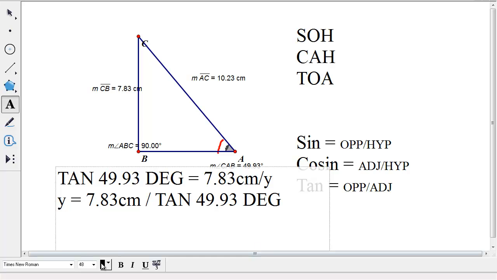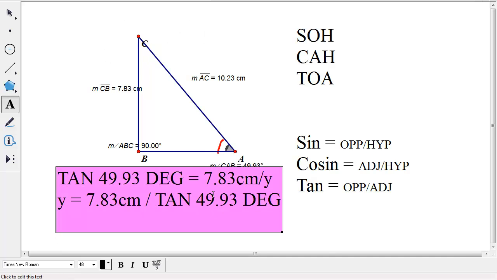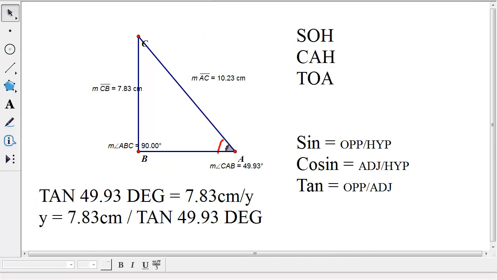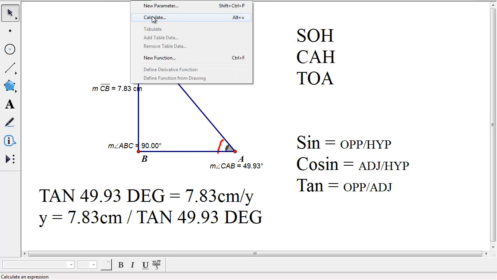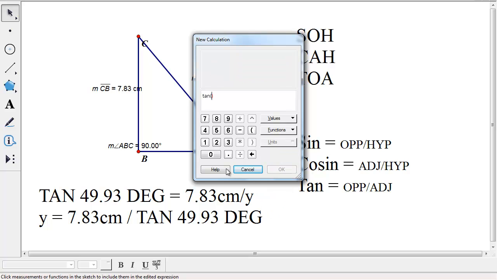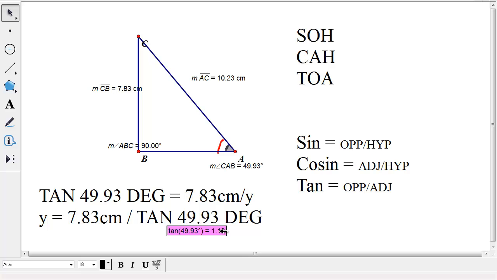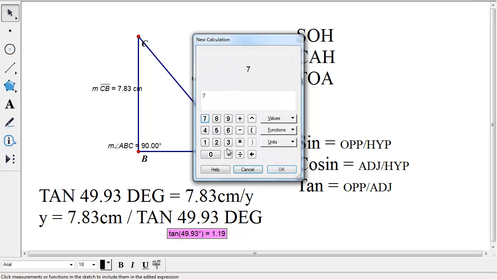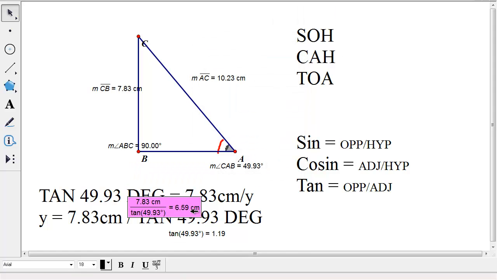Then we just punch it into our calculator: tan of 49.93 degrees, and then we take 7.83 centimeters and divide by tan of 49.93 degrees, and we get 6.59. So that's Y.